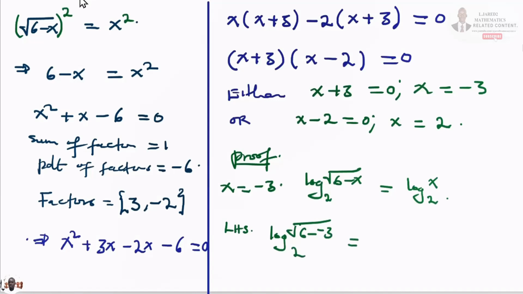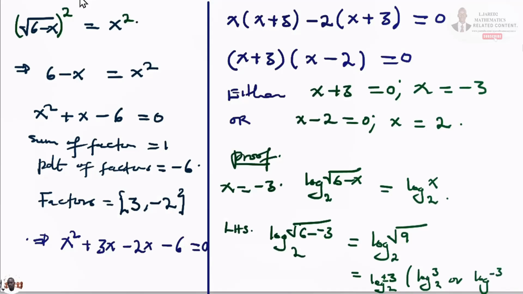This gives us the log of the square root of 6 plus 3, which is 9, base 2, which is the same as the log of the square root of 9. We can say it is positive or negative 3 to base 2. So we are getting two answers, the log of 3 base 2 or the log of negative 3 base 2.